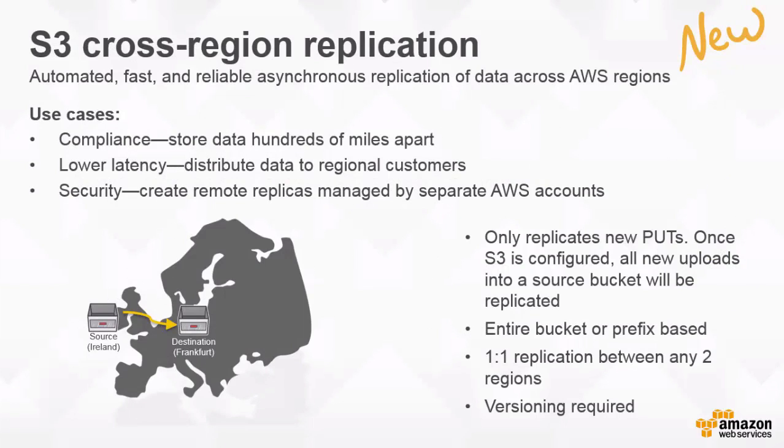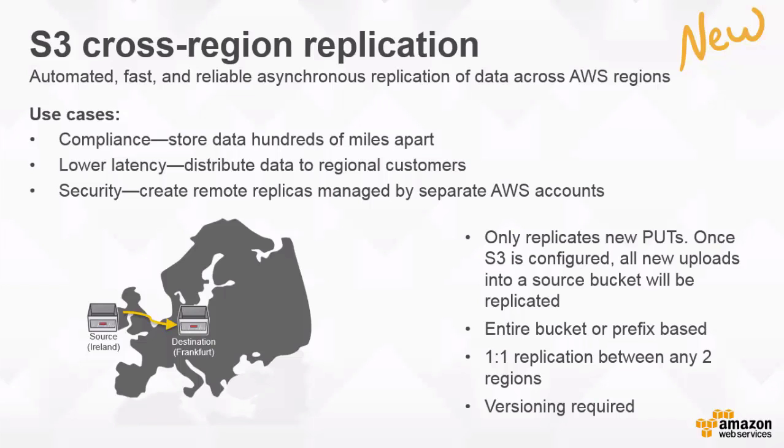Even though S3 is designed for 11 nines of durability out of a single region, some of our customers have asked us to automate the replication of objects between regions. This helps them to achieve different use cases. One such use case is compliance, where data is mandated to be stored hundreds of miles apart.